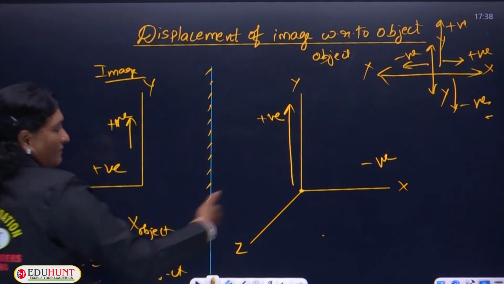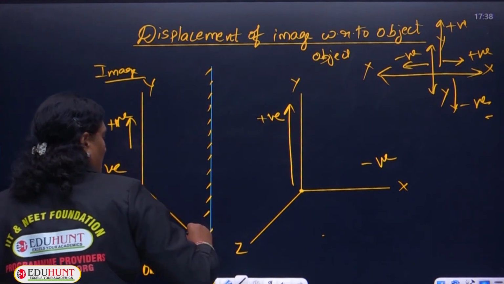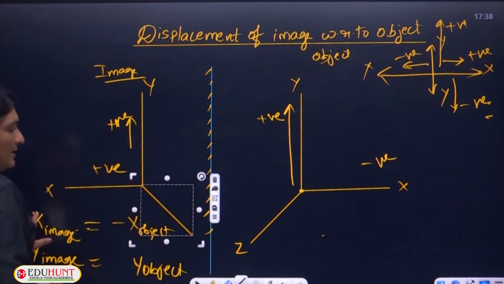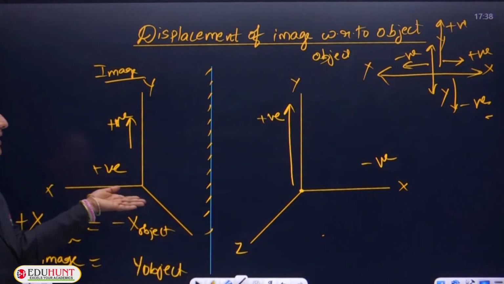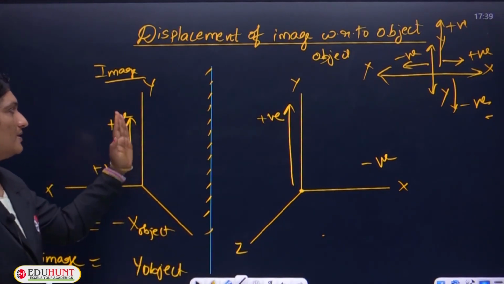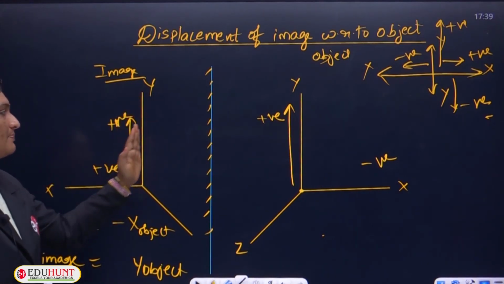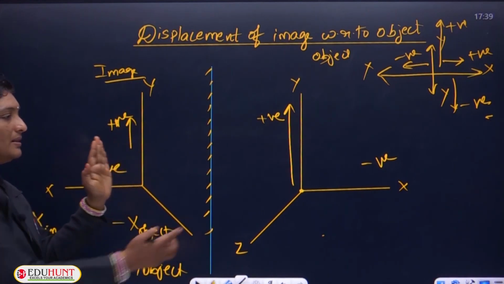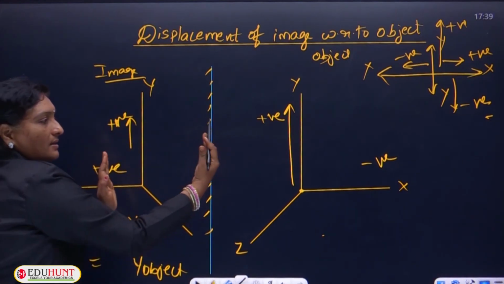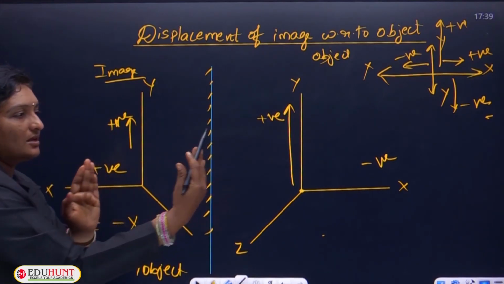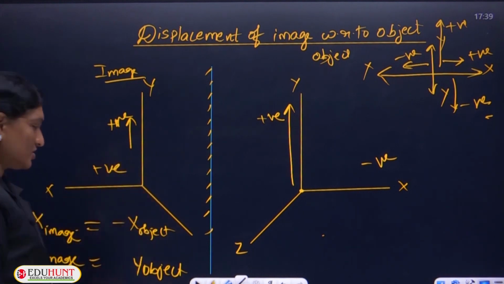If the person shifts front and back, parallel to the plane of the mirror, moving forward means the image also comes forward, and moving back means the image also moves back. So it is the same direction.